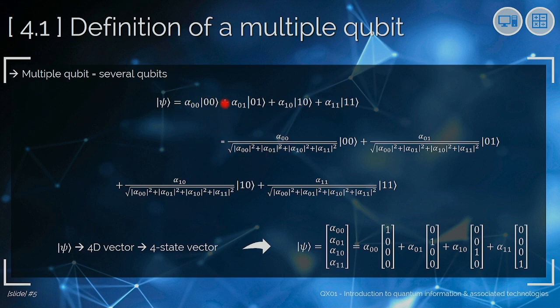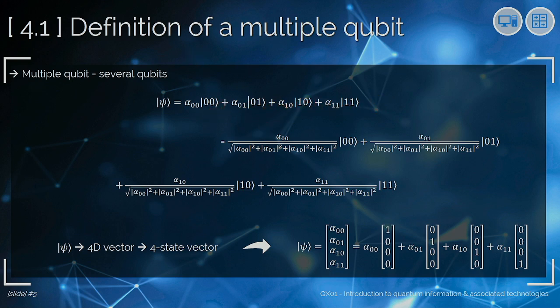So here is the 2 qubit state, the most general 2 qubit state you can have between 2 qubits. Each of them can have, of course, the 0 or 1 output. So put them together, you have the 4 outputs that you would have with two bits of information: 0 0, 0 1, 1 0, and 1 1.